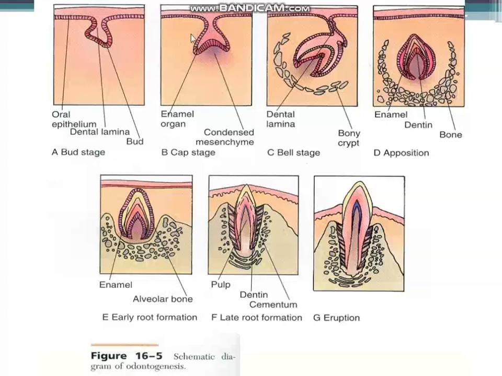Cells of the primary enamel knot synthesize bone morphogenic proteins, also fibroblast growth factor. And these will be produced in a particular, sequential relationship that results in cusp formation in the developing tooth.